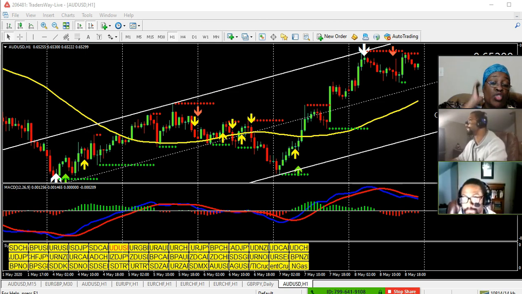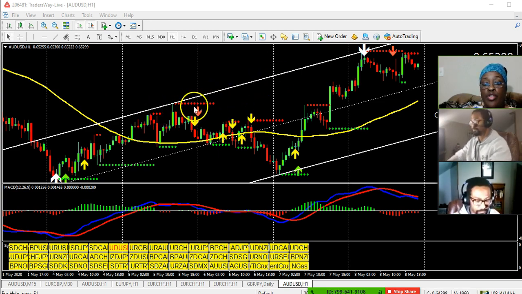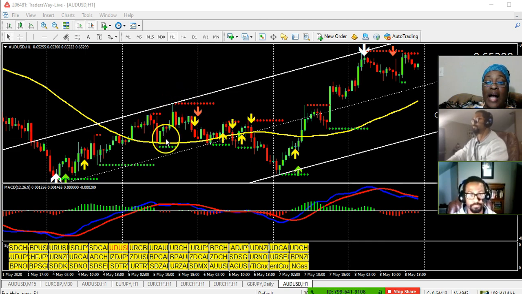Now, everything that you just identified is already identified in the system, the triple arrow system. That's great, but you know what it is. It's identified with the support and resistance dots. Your resistance dots are above price. The support dots are below price.